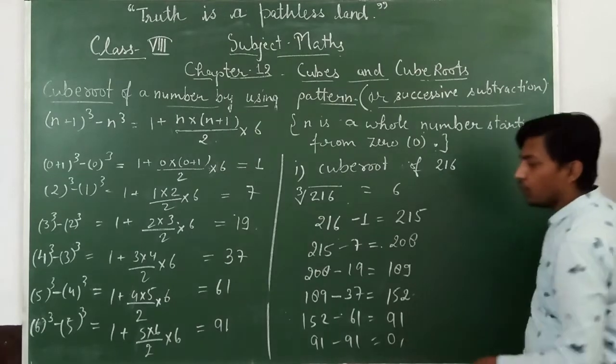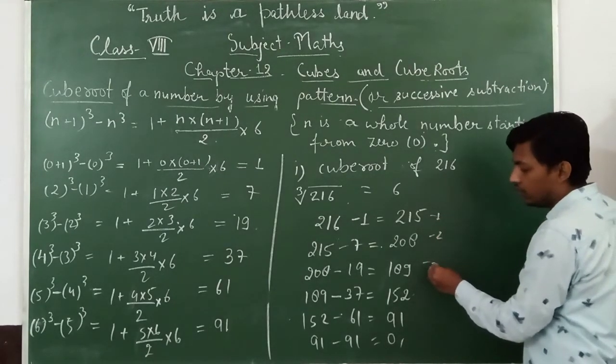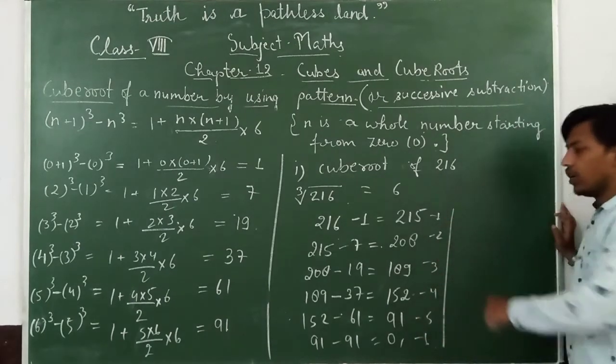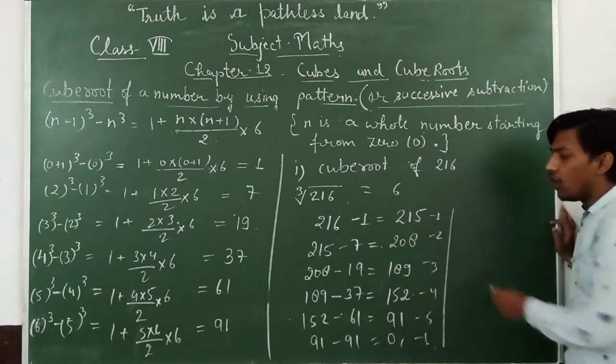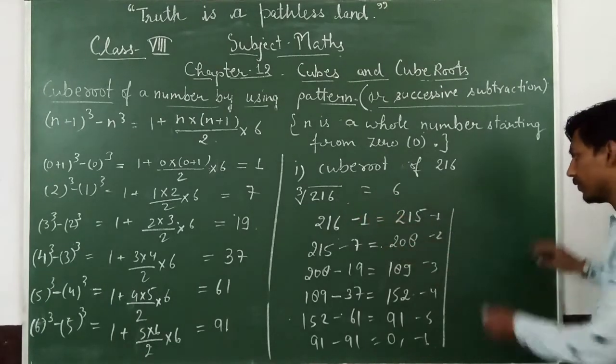Finally we get 0. Total number of steps: 1, 2, 3, 4, 5, 6. Here we get the total number of steps as 6. This question is solved in 6 steps. So the cube root of 216 is 6.